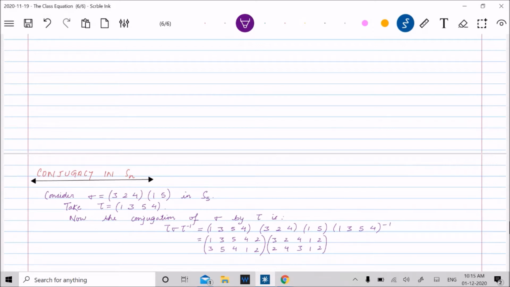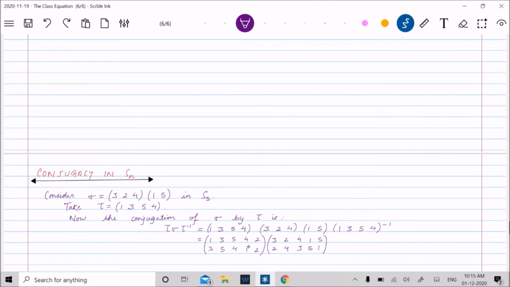Sorry, extremely sorry. Actually, this was the complete value of sigma. So I should write the image of 1 is 5, and the image of 5 is 1. This portion is due to this, and this portion is due to this, right? Because these two cycles actually were the same element, sigma, so they can be represented using the same permutation, right?